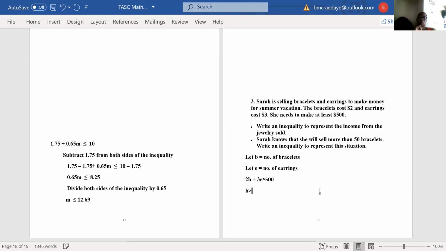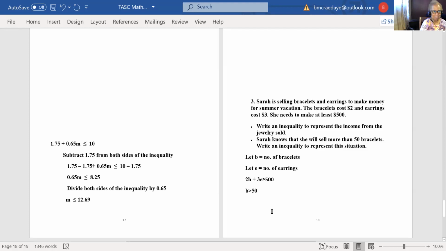And what follows that, Vanessa? 50. That's it. She knows she will sell more than 50. That inequality is that the number of bracelets is greater than 50.